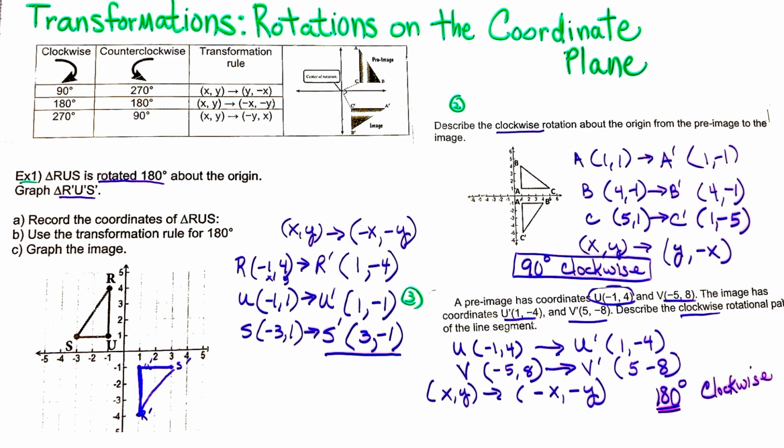Again, it gets easy if you compare the ordered pairs, and definitely have this chart to refer to or make flashcards so that you can remember what the rotation rules are.